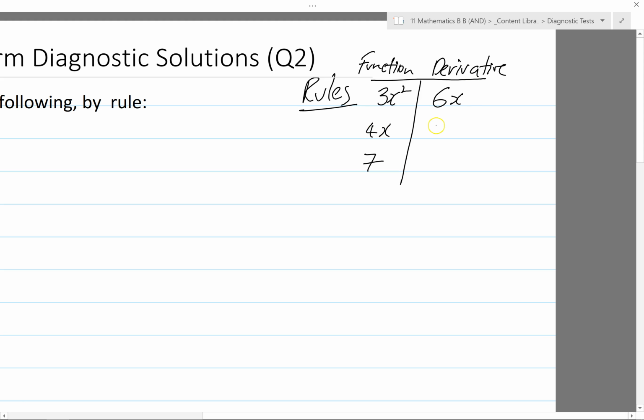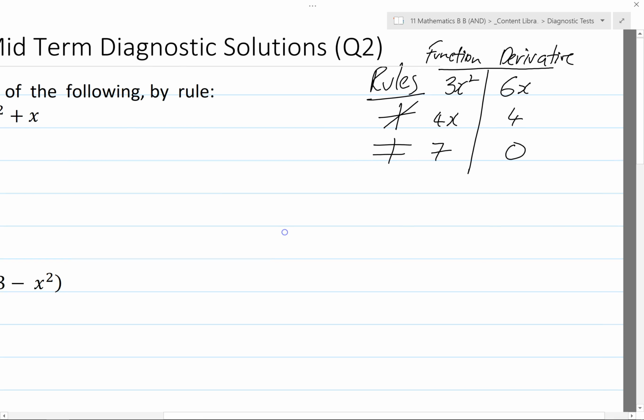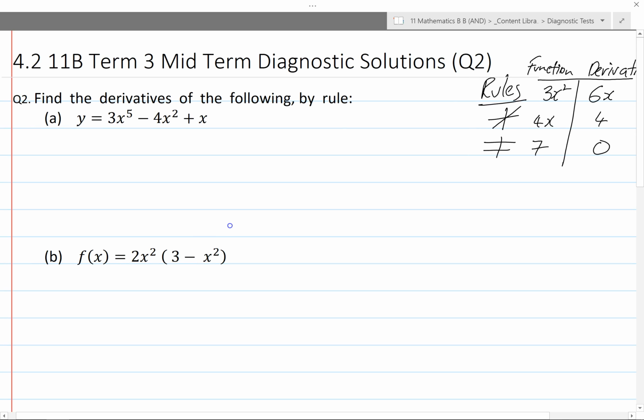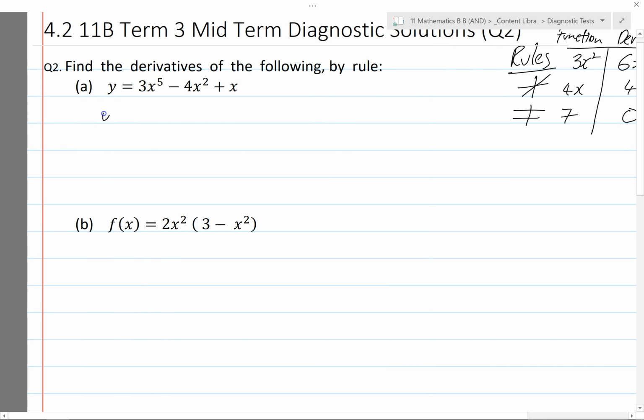If I have a term like 4x, the derivative will just be that number, because it's a linear term. 4x, that's the gradient all the time. And the derivative of just a number like 7 would be 0, because it's a flat line. So keeping these rules in mind, we'll differentiate these guys. So it's a y equals, so I'll write y dash, 3 times 5, 15, reduce the power by 1.